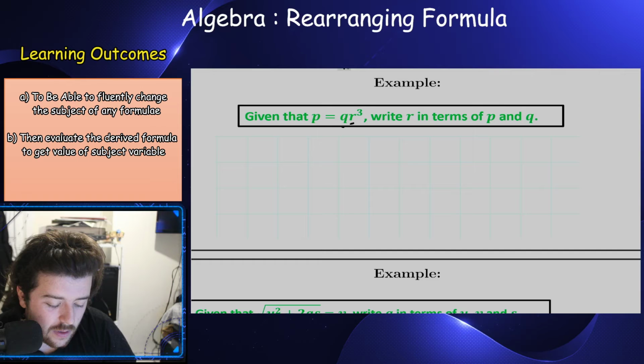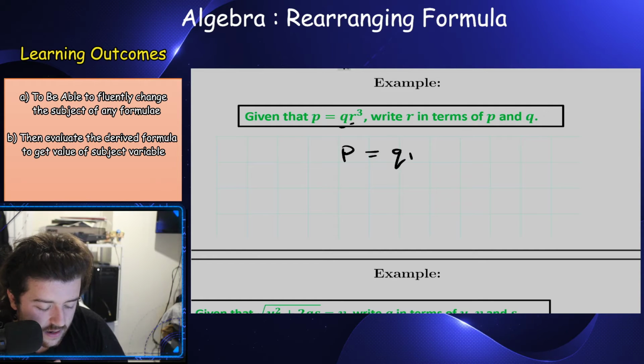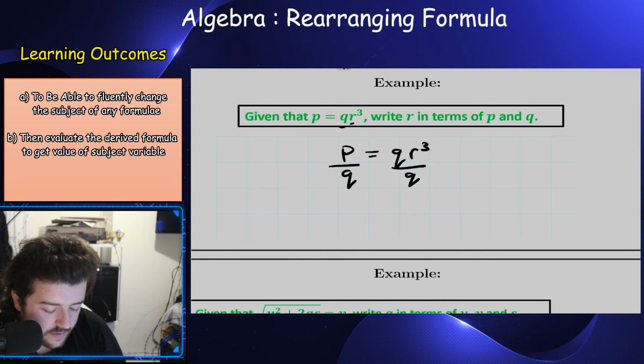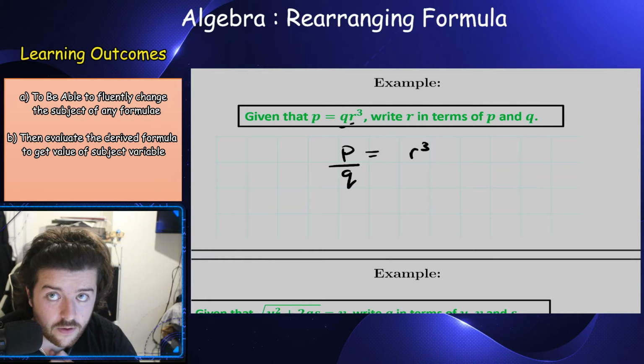I am. I'm multiplying the r variable by q. So I need to now divide both sides by q. So I'm just going to get r cubed on its own, and p over q on the left hand side there. So multiply, divide, and done.